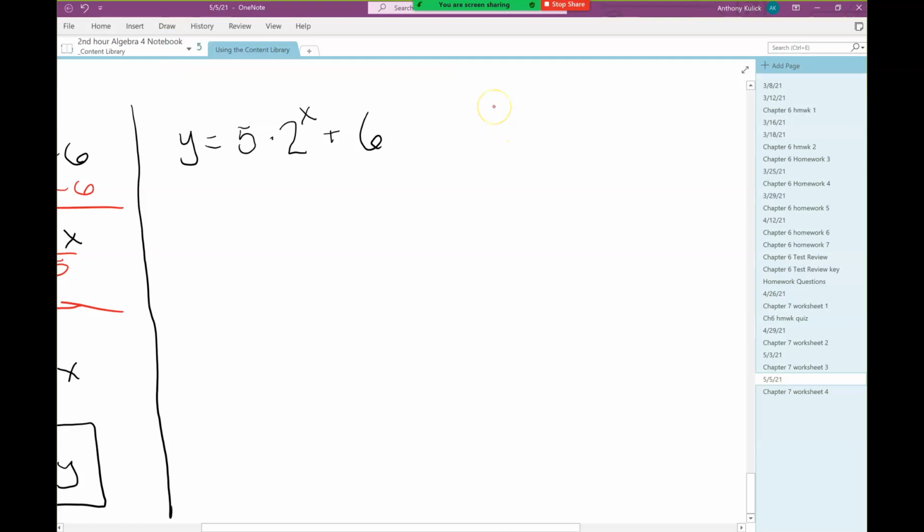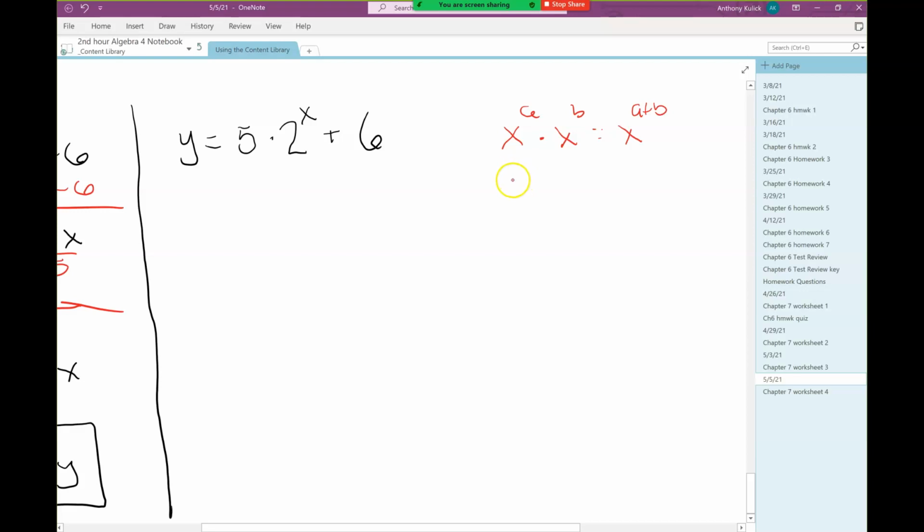So we had two situations, right, on how we can multiply things together. If the exponent bases are the same, we can multiply things together by adding the exponents. Well, clearly 5 and 2 are not the same exponent base, so we can't do that.